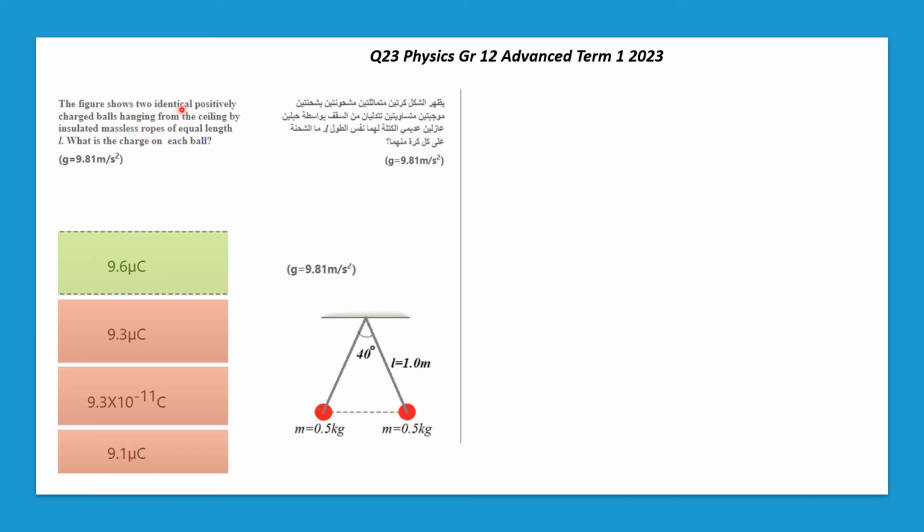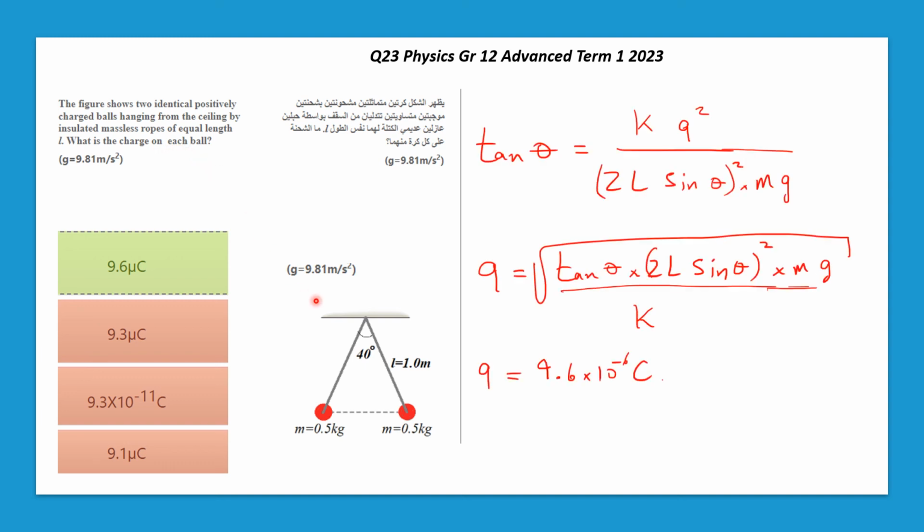Here we are at question 23. The figure shows two identical positively charged balls hanging from the ceiling by insulated massless ropes of equal lengths. So we have two charges with the same mass suspended from the ceiling. What's the charge on each ball? We need to calculate Q. For that we need to remember an equation, also from chapter 1.